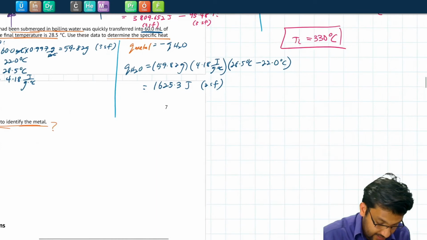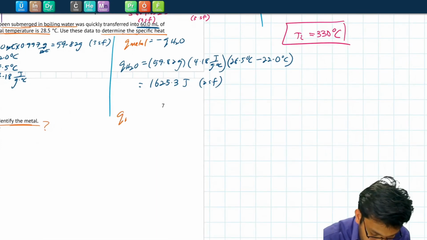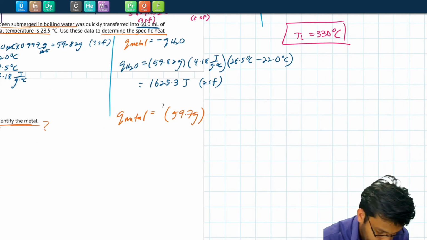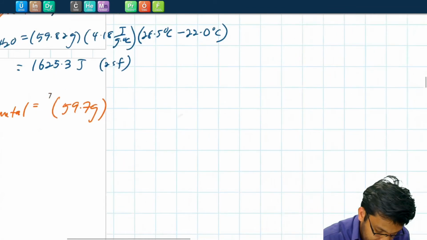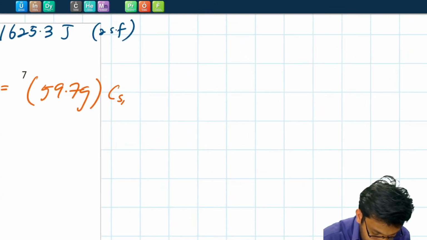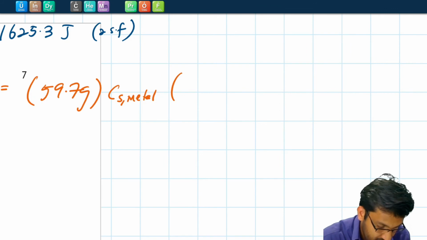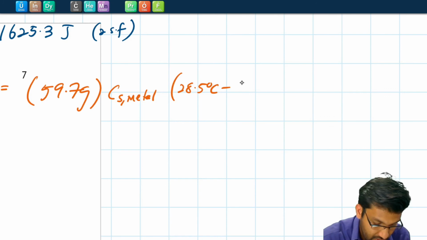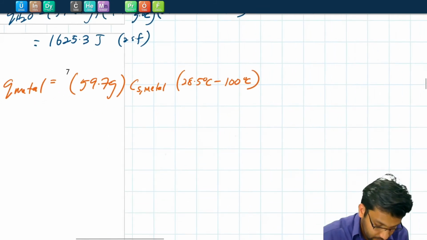All right, let's calculate the heat from the metal. The mass of the metal was 59.7 grams, right? The specific heat capacity of the metal is unknown, so we'll call it the Cs of the metal. And then the temperature change was 28.5 degrees Celsius as the final temperature, minus 100 degrees Celsius as the initial temperature.